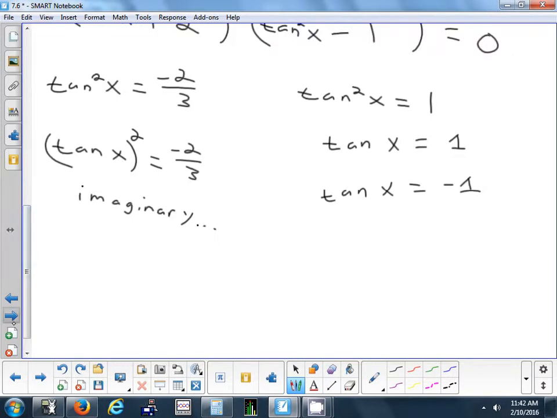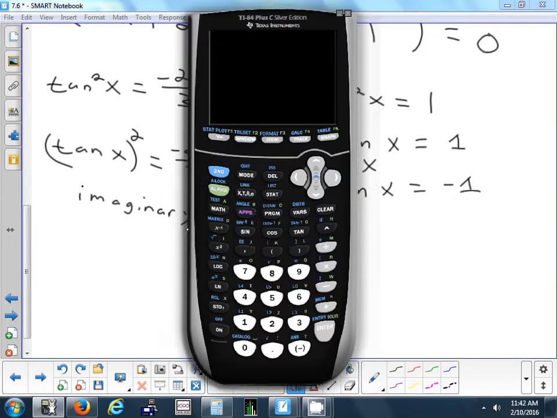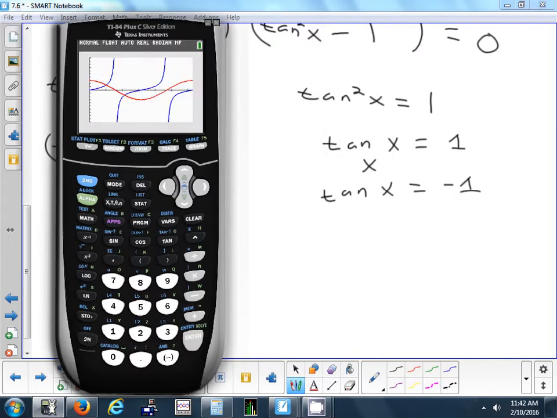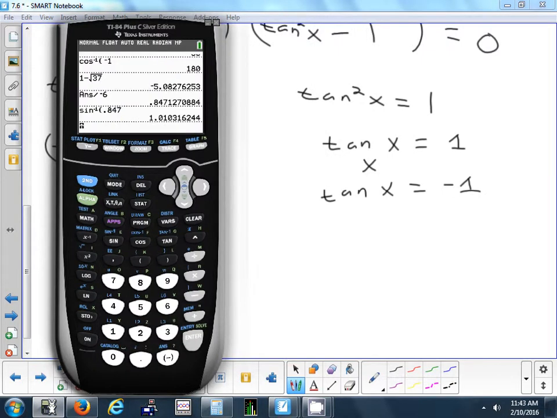Right, so let's go through it. Let's take inverse tangent of 1. That's going to give me pi over 4. Okay, it's 45 degrees. If you didn't know that, just do it in degrees. You'll get 45, and then you could change it, and you'd see it's pi over 4.